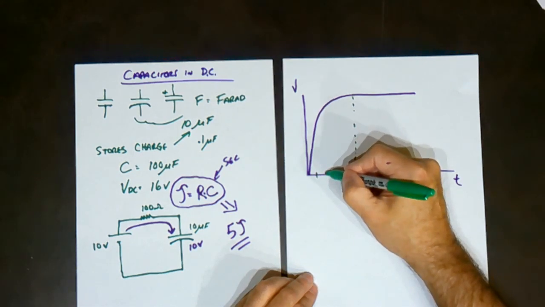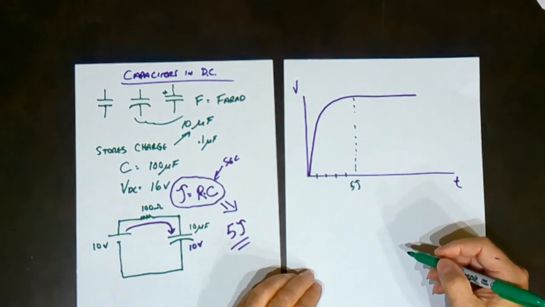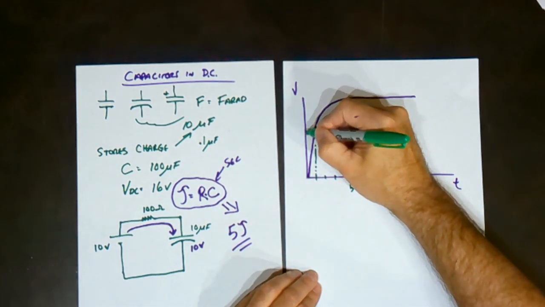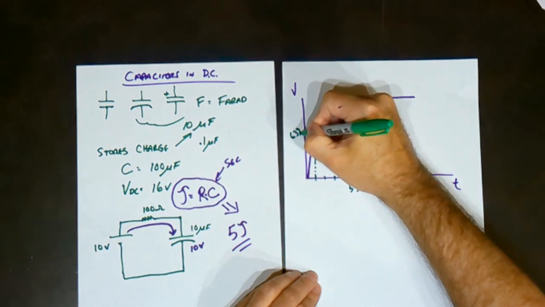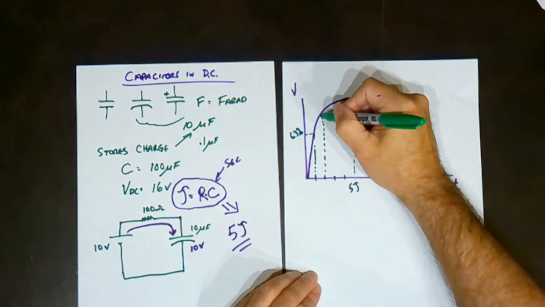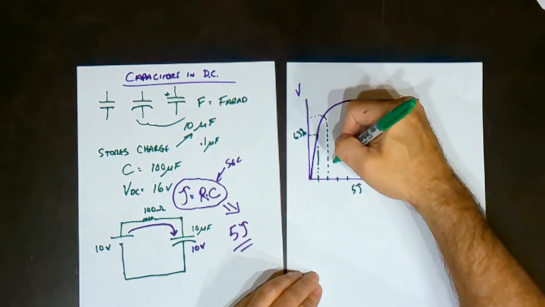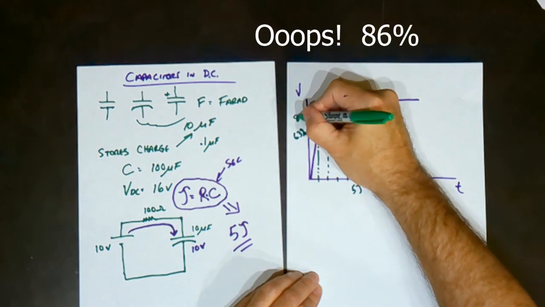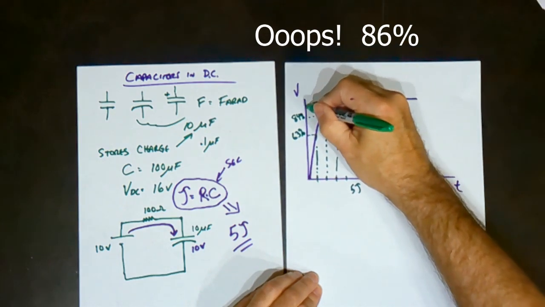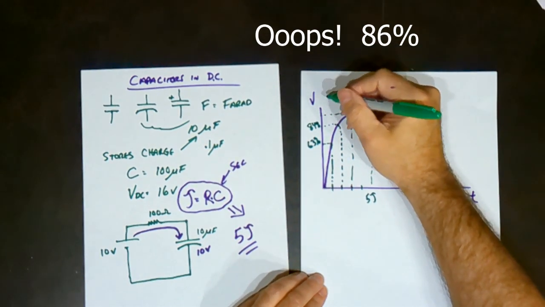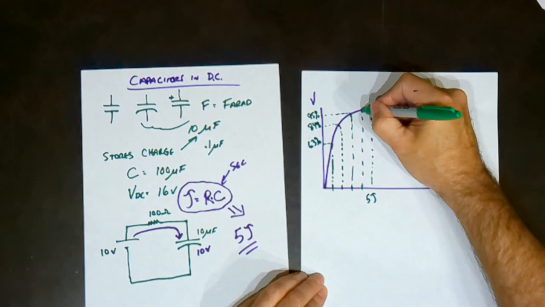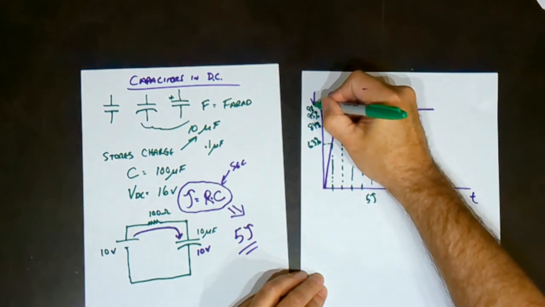If I divide that into 1, 2, 3, 4 tau, at 1 tau you get up to 63% full charge. 2 tau is 84%. 3 tau is 95%. 4 tau, 98%.